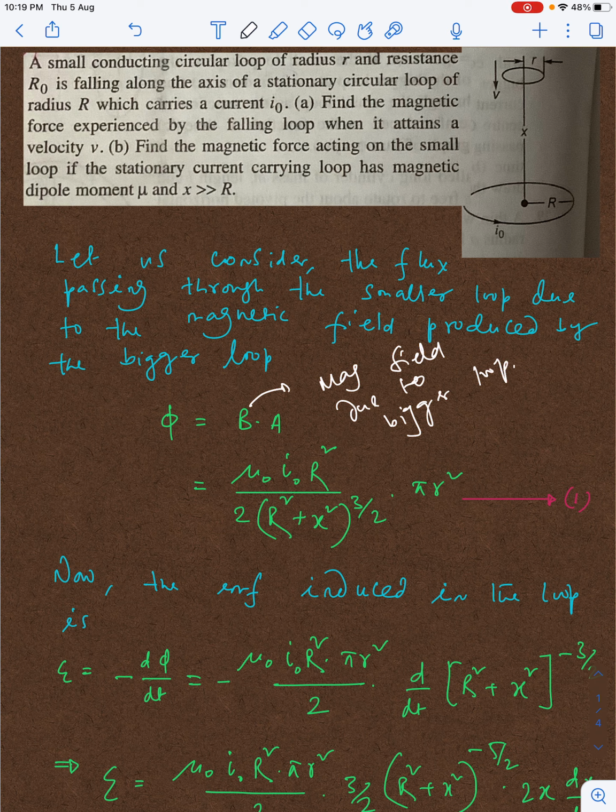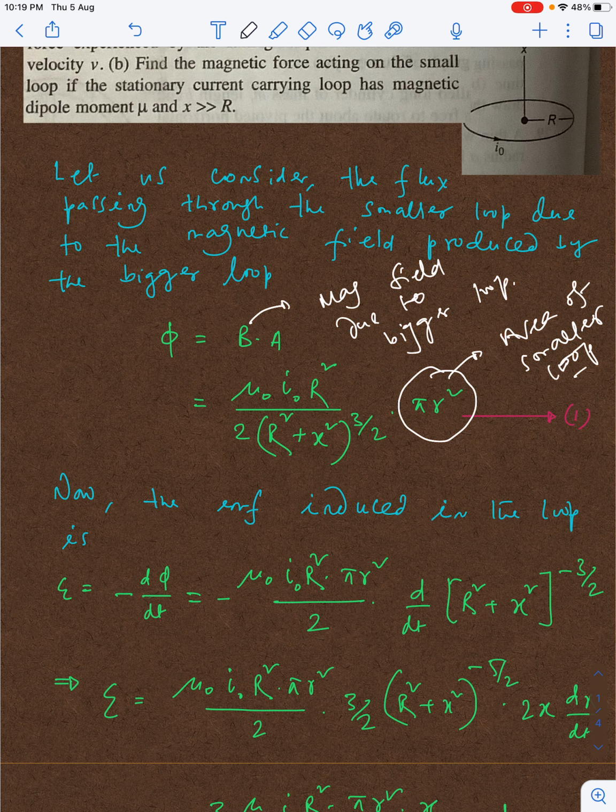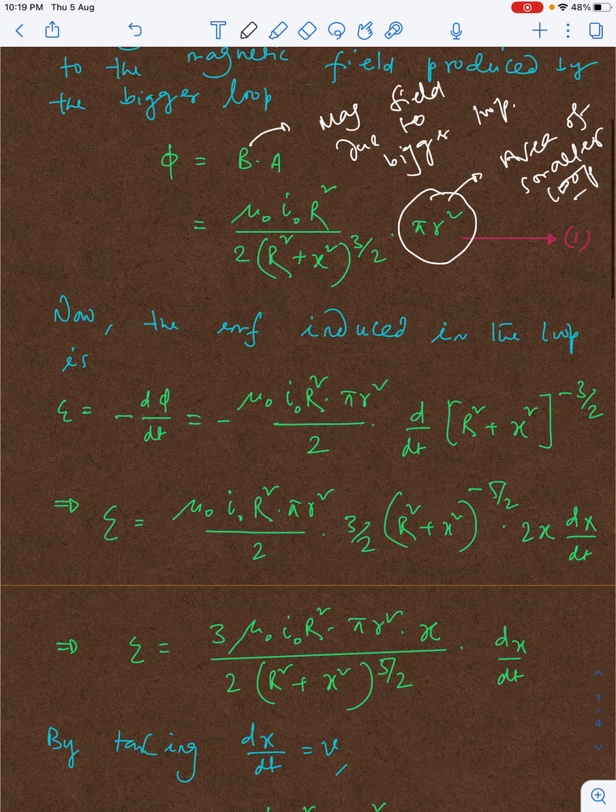Here we can clearly see that the factor involves the area of the smaller loop. So pi r square is obviously the area of the smaller loop, because we are interested in calculating the flux through the smaller loop only. Now if I differentiate this with respect to time, we will get the EMF induced as per Faraday's law.